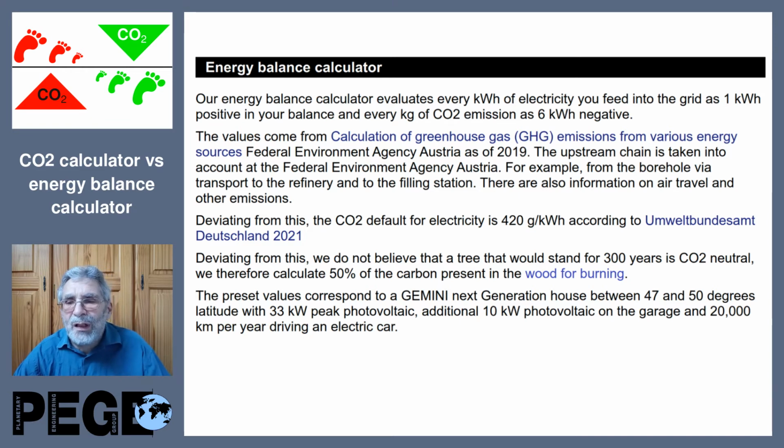And we have here a calculator where this pre-chain is also applied. And also at wood, we calculate 50% of the carbon, what becomes at firing the wood, carbon dioxide.